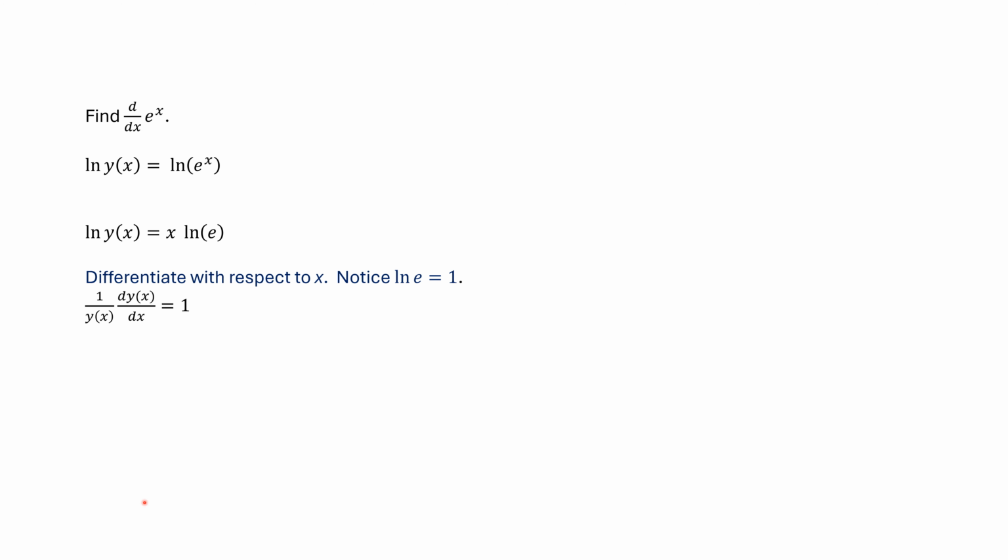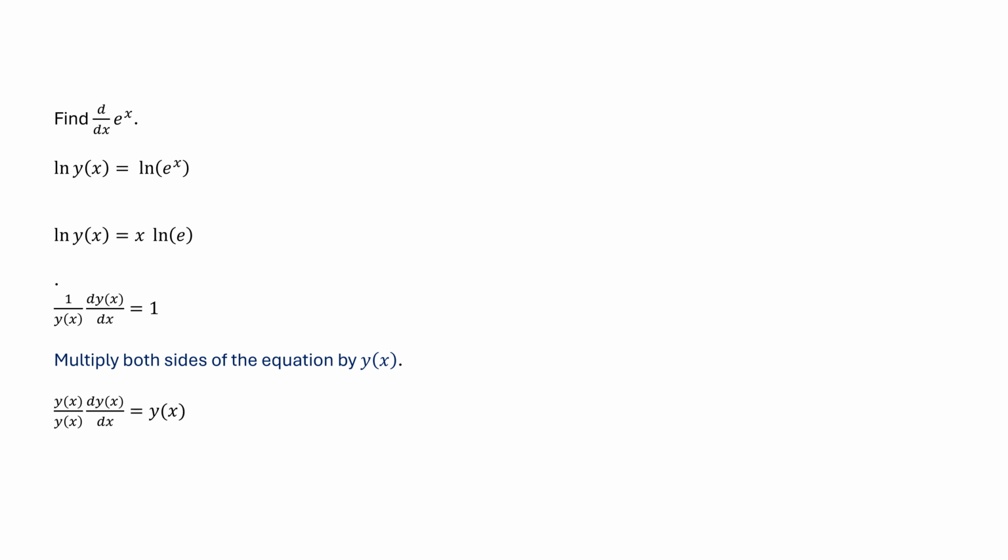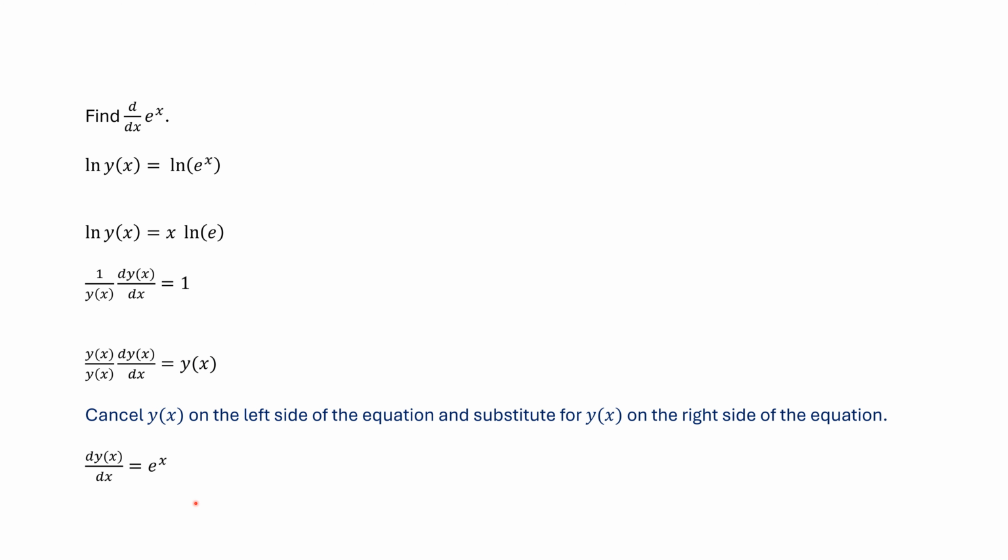In this case, ln e, the natural log of e, is simply 1. So we have 1 over y dy dx equals the derivative of x, which is 1. Multiplying both sides by y of x, we get dy dx is y of x, which, if you recall, was e to the x.